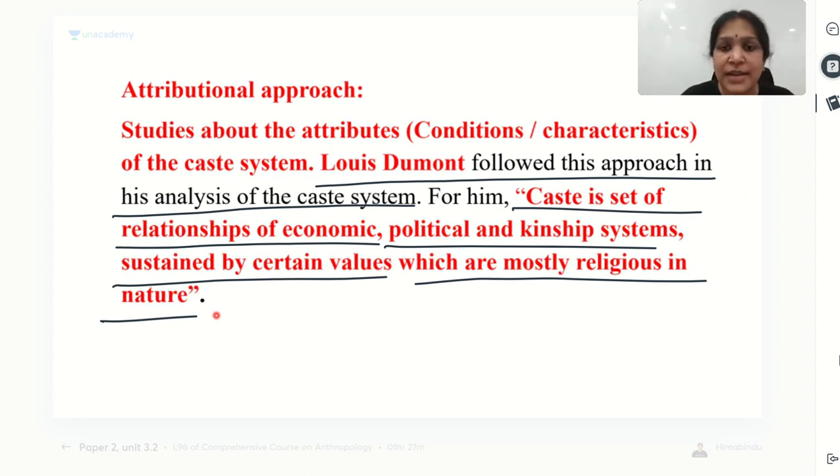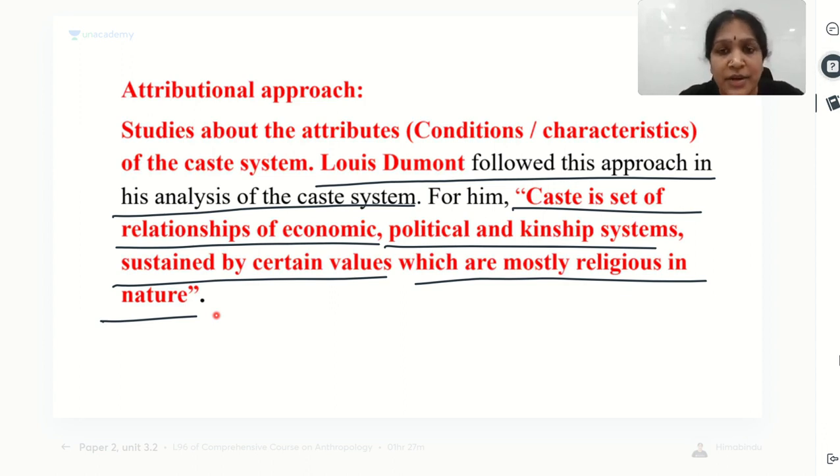Caste system is sustained by certain values. Most of these values are religious in nature. Like the people of lower caste believe that it is their karma that they are born in the lower caste. Is it clear? So they accept it. Otherwise, the caste system would have been eradicated long ago, centuries ago, or thousands of years ago. It continued only because the people of lower caste believe that they are destined to be in the lower caste. They are not eligible for the higher caste.